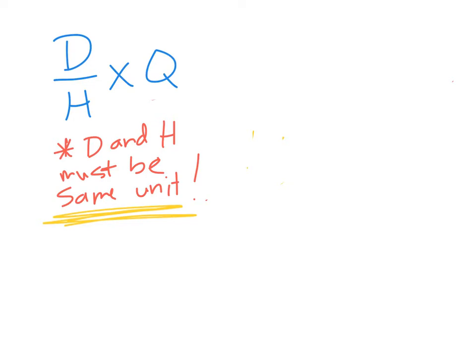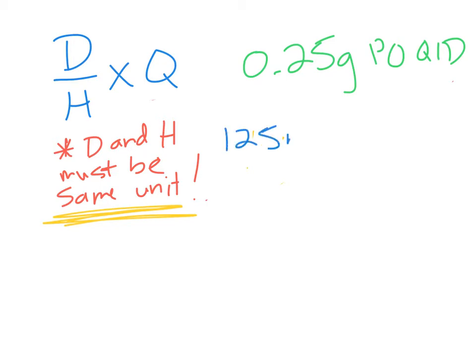Amoxicillin is a tablet or capsule medication, but it says that amoxicillin was ordered, let me change my pen color here, 0.25 grams, PO, and then it says QID, so 4 times a day. So this is our ordered dose. The dose that we have on hand says that amoxicillin comes in 125 milligram capsules.